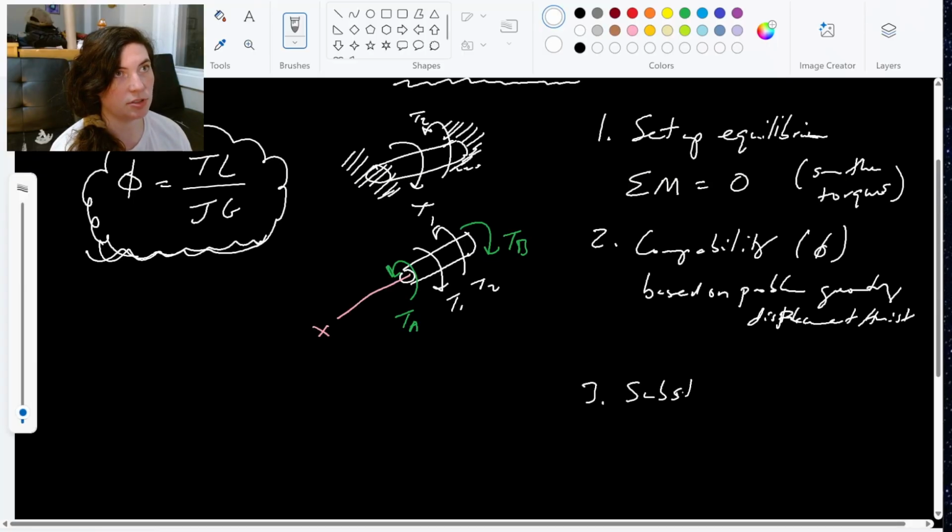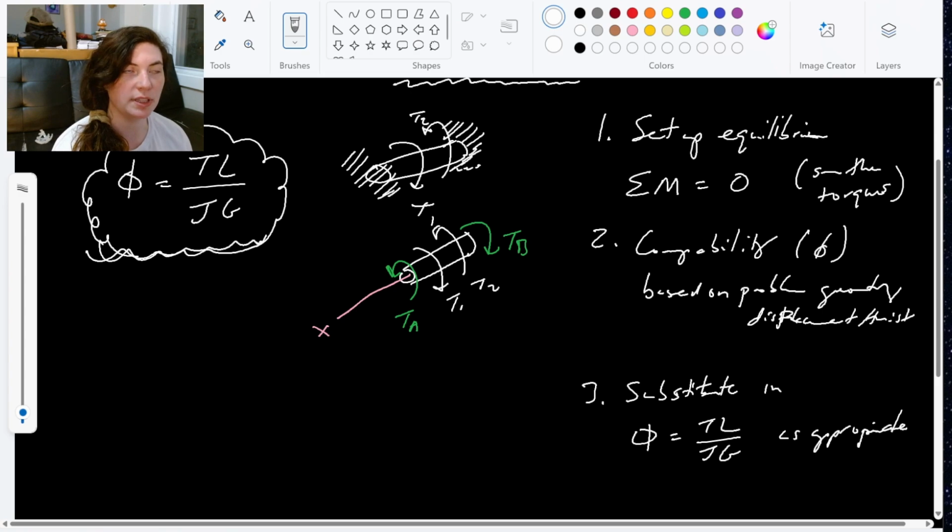So substitute in phi equals TL over JG as needed, as appropriate for each section that you have in here. Determine your broken up sections, substitute in that relationship, and then you should be able to solve for your missing torques, right?